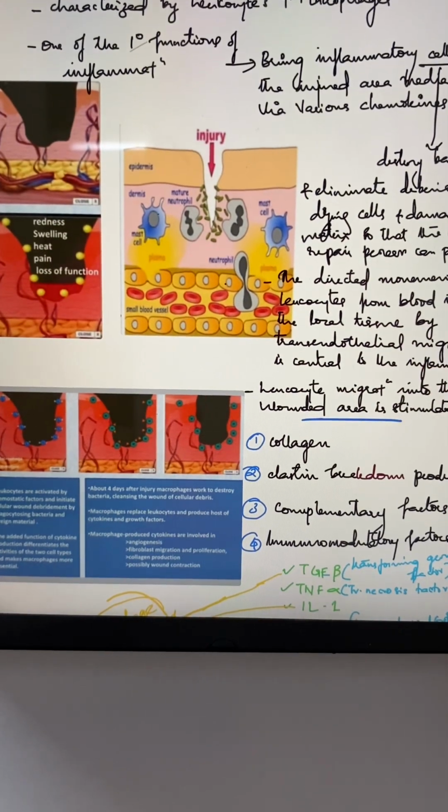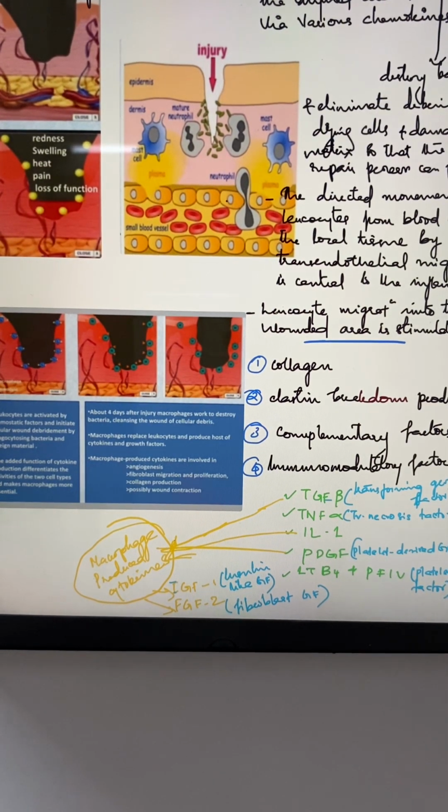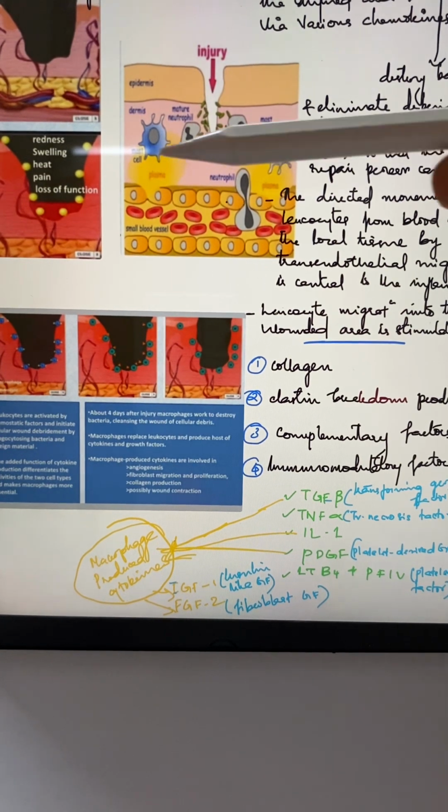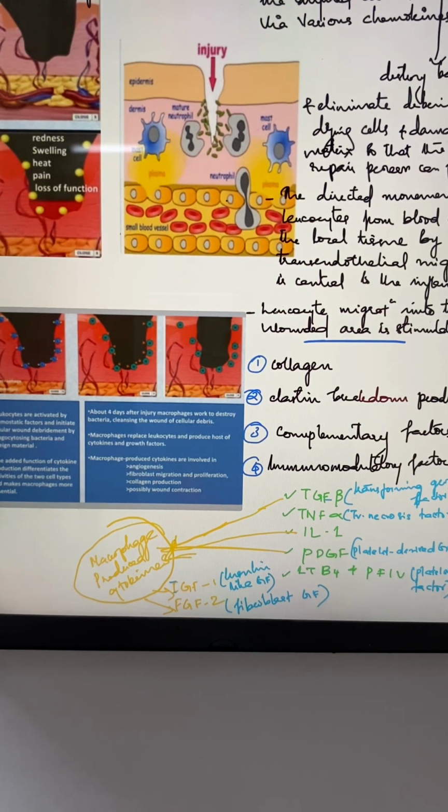But I will explain briefly now. The blood clot has formed, then immediately the inflammatory cells will come out from the blood vessels. Immediately after the injury, the first cell that arrives at that place is the mast cell.